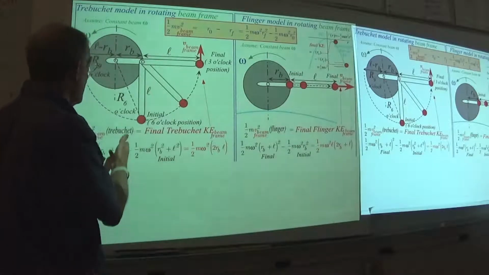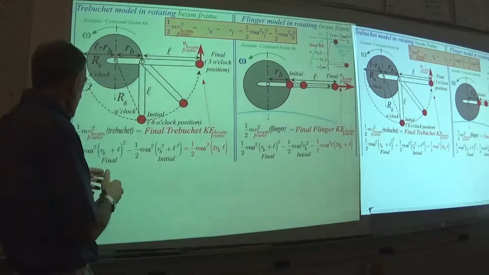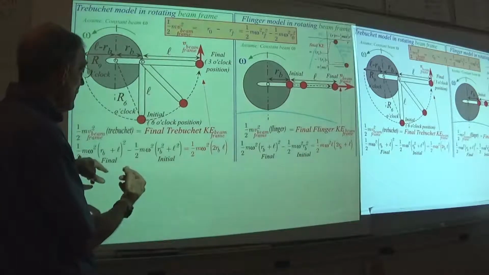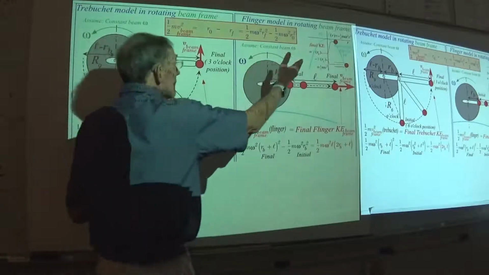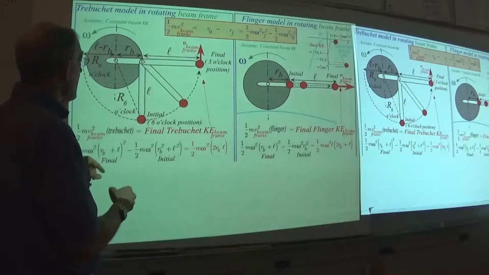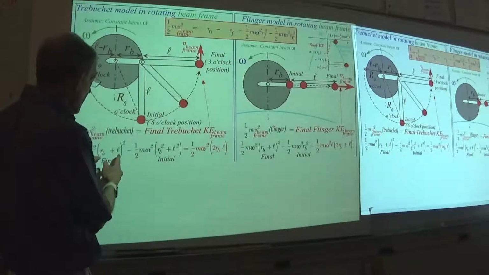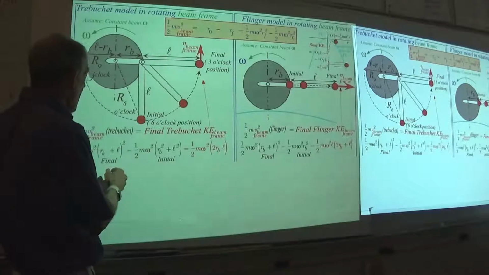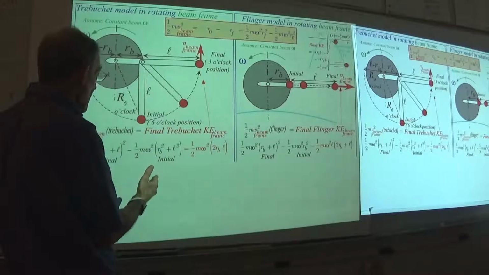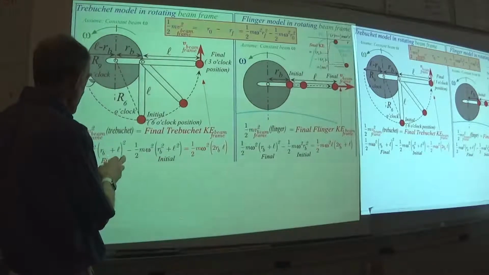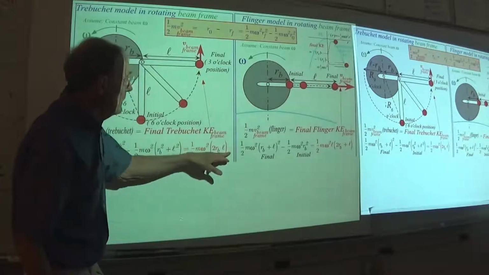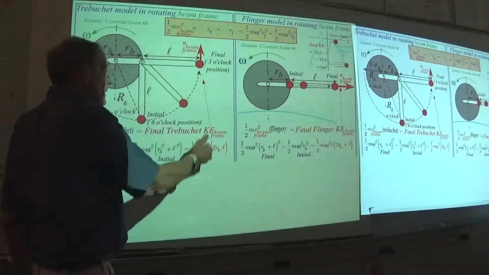And what we're saying is this final trebuchet kinetic energy should be whatever you get from starting with your potential at this distance, R_B plus L, quantity squared. We're talking about that distance right there. And this is the final minus the initial, giving you this much kinetic out of that.